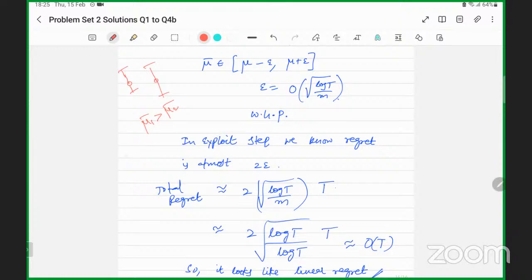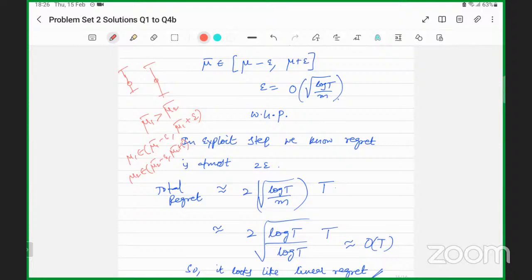We know that mu1 belongs to mu1 bar minus epsilon to mu1 bar plus epsilon, and mu2 belongs to mu2 bar minus epsilon to mu2 bar plus epsilon. If you assume this, and you know this condition, then mu2 minus mu1 should be less than or equal to 2 epsilon.